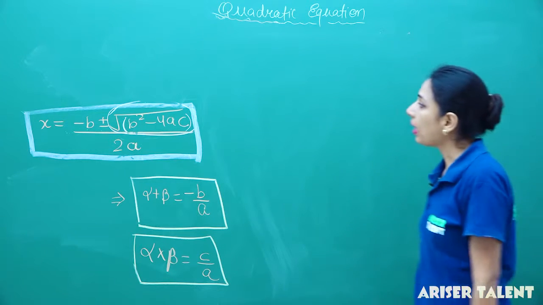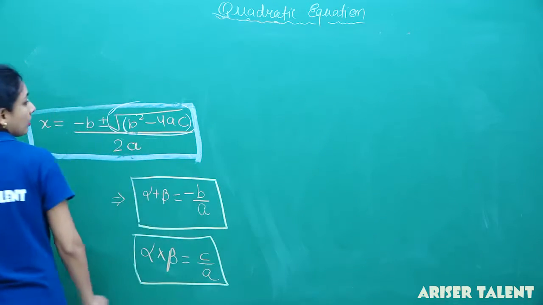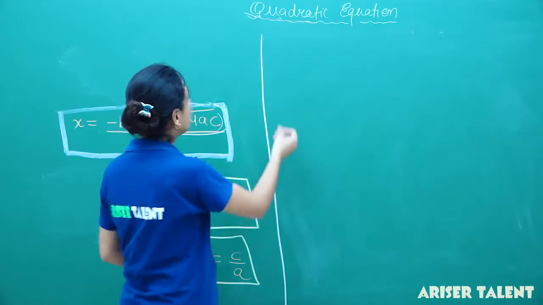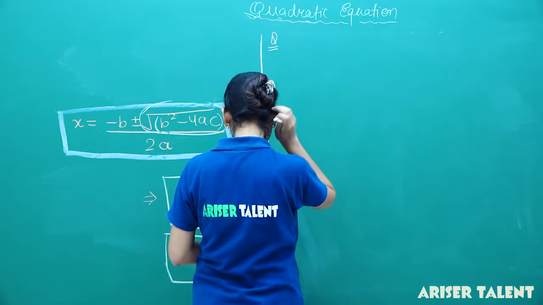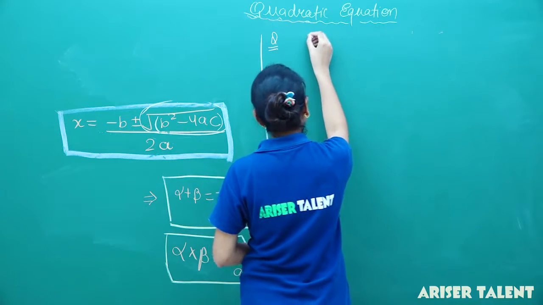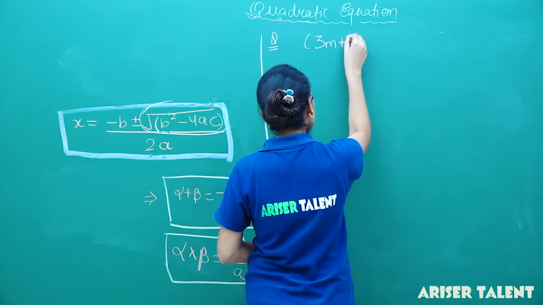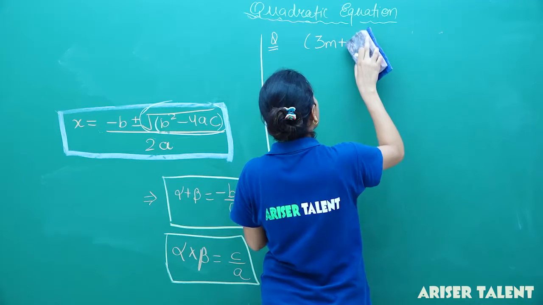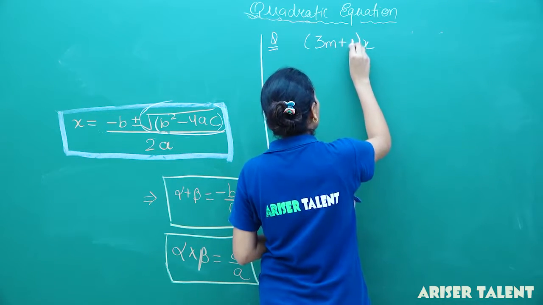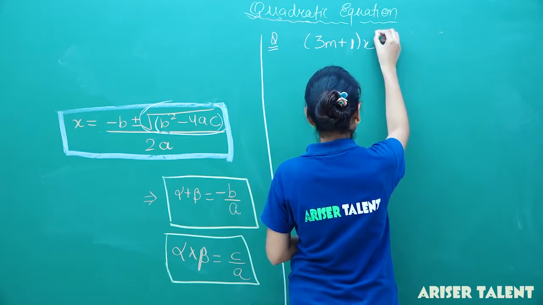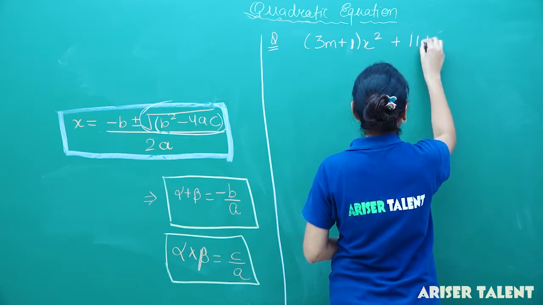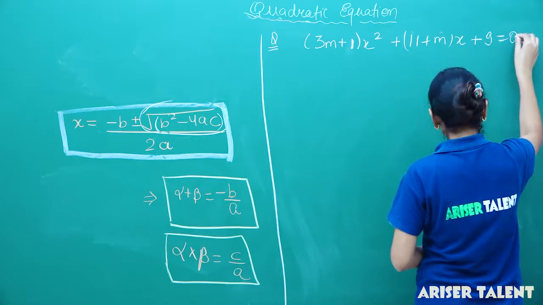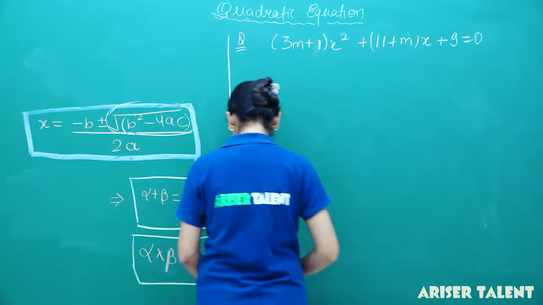So students, now can we have a question? Okay, enough of theory in this particular lecture. We should try a question. Students, here I have the equation (3m plus 1) x square plus (11 plus m) x plus 9 equals 0.